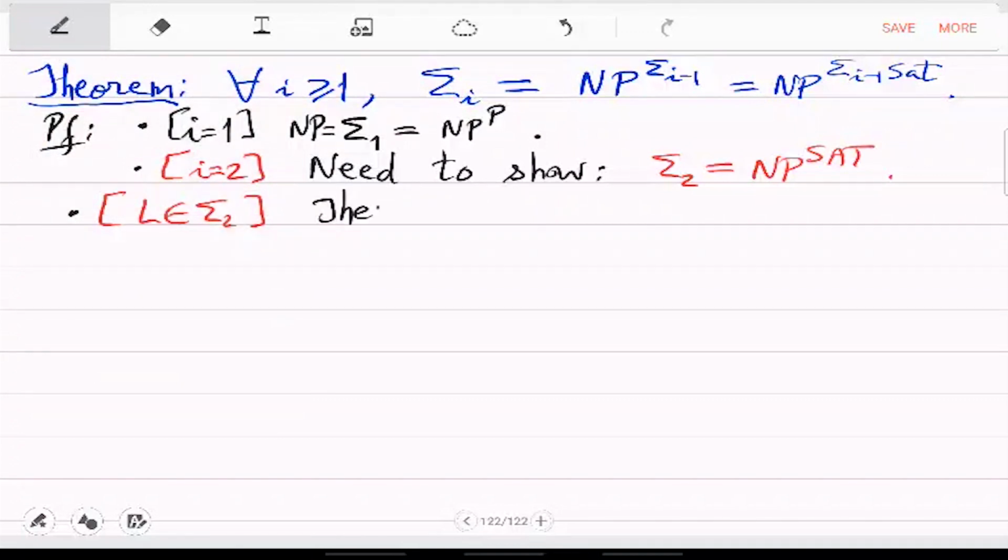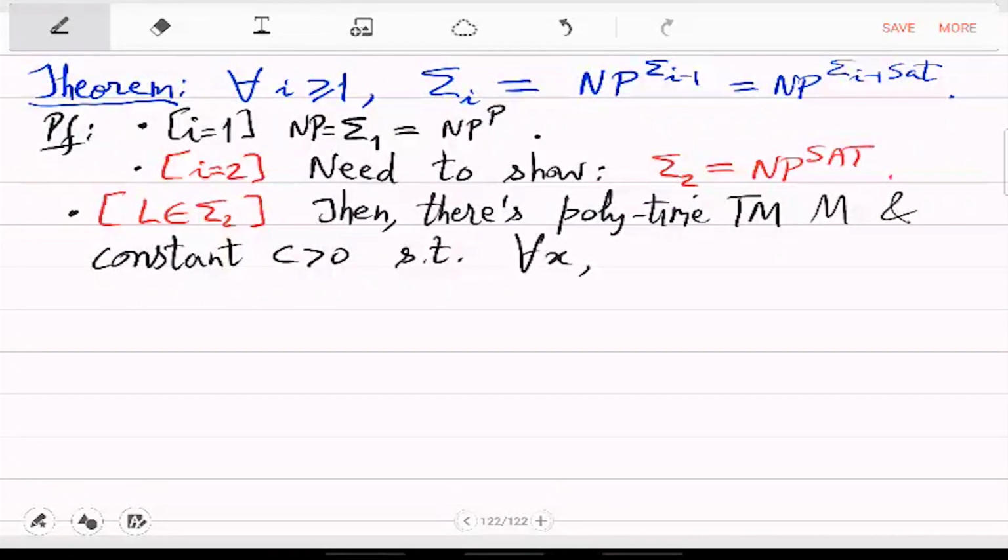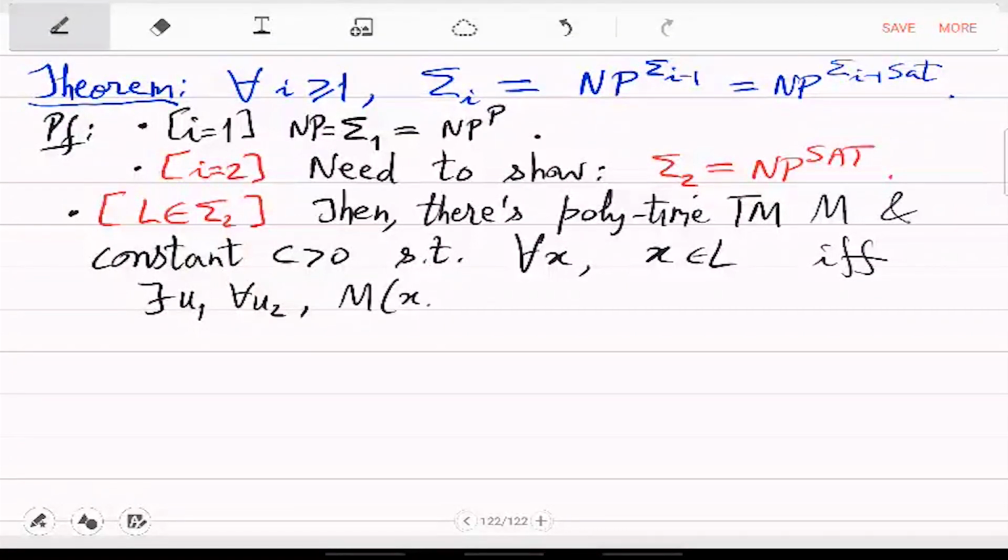So then there is a polytime Turing machine M and constant c such that for all input strings x, x is in L if and only if there exists u1 for all u2, M(x, u1, u2) outputs 1. Okay, that's the definition of sigma 2.